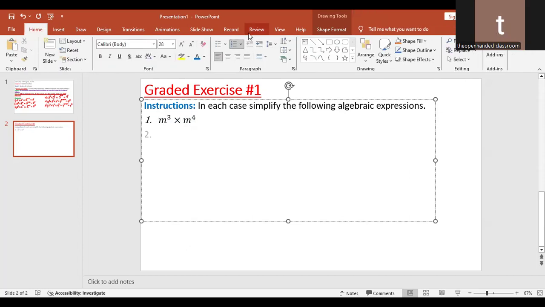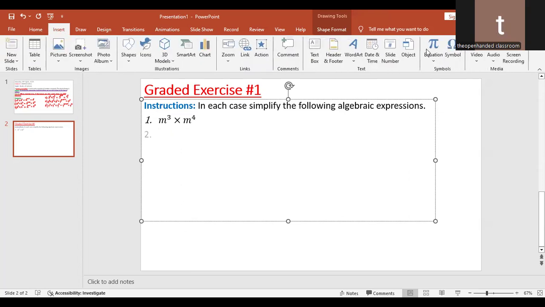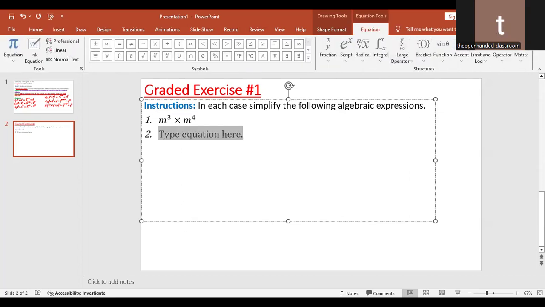What is that going to be equal to? Then we have p to the power of 6 multiplied by p to the power of 4.